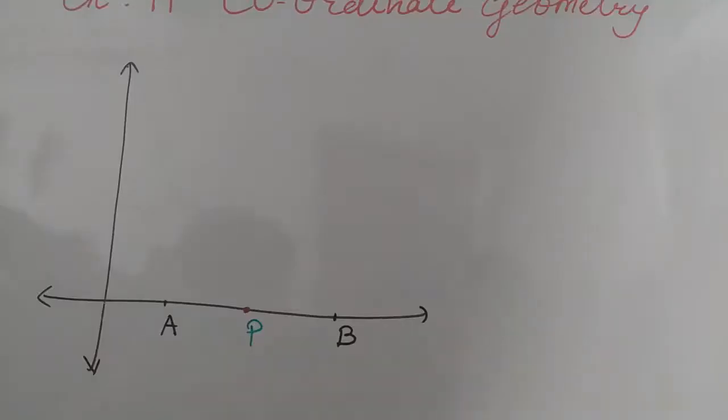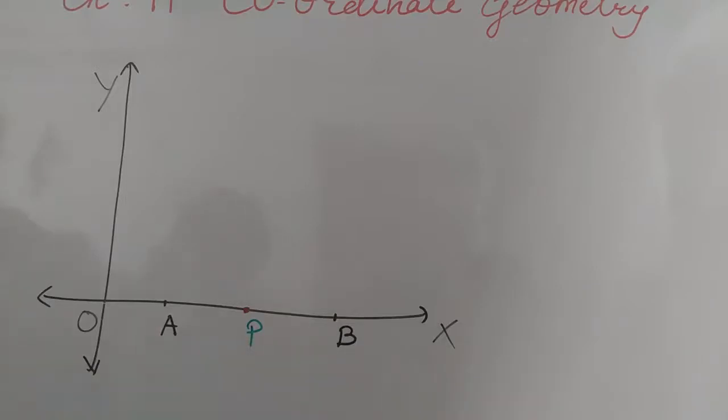Now let us study internal division in some ratio. Here is a line segment AB I have drawn on the x-axis. I am writing here x, this is the origin, and this is y. In Cartesian geometry, I am explaining that suppose this is a line segment whose endpoints are A and B, and it lies on the x-axis.